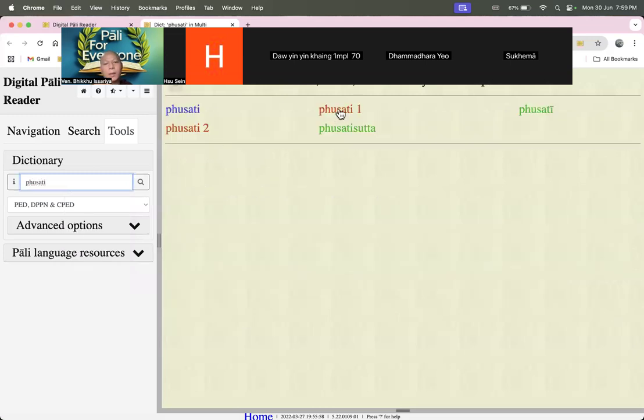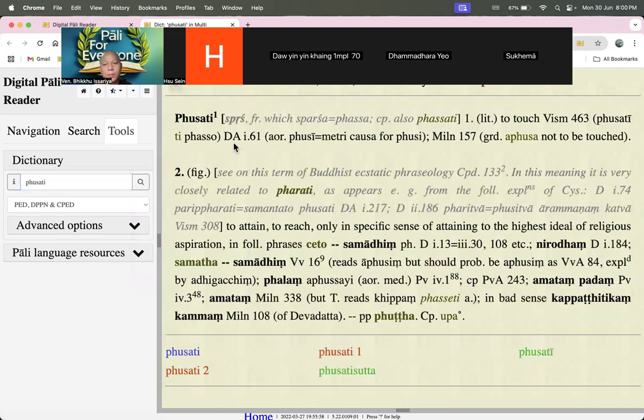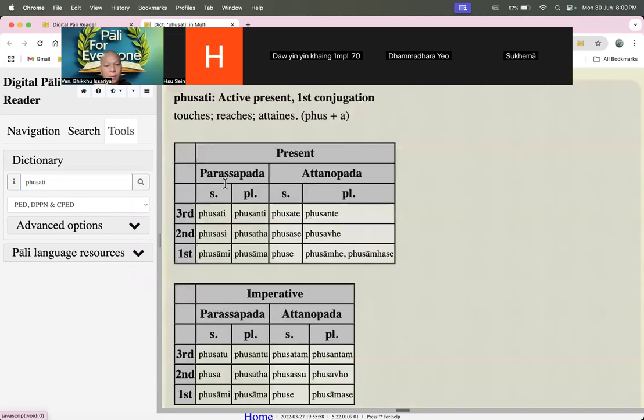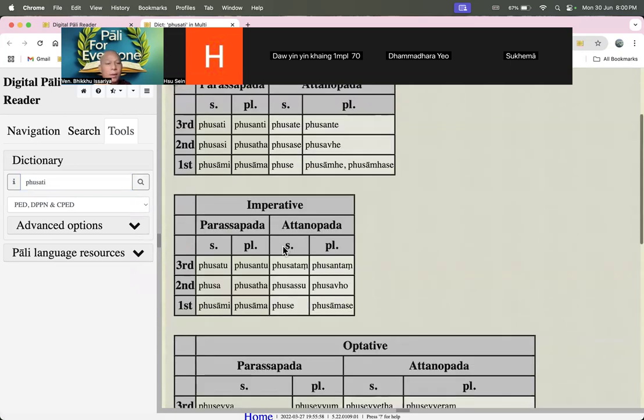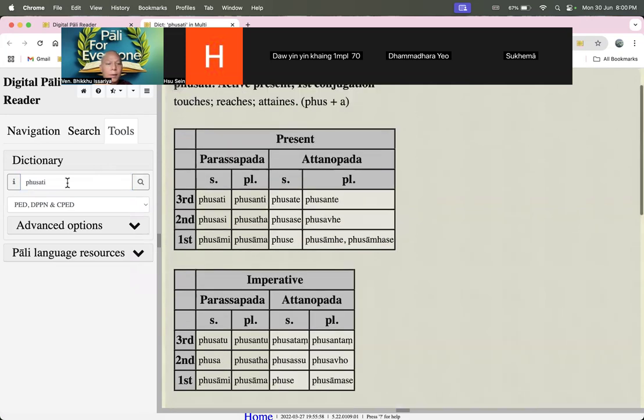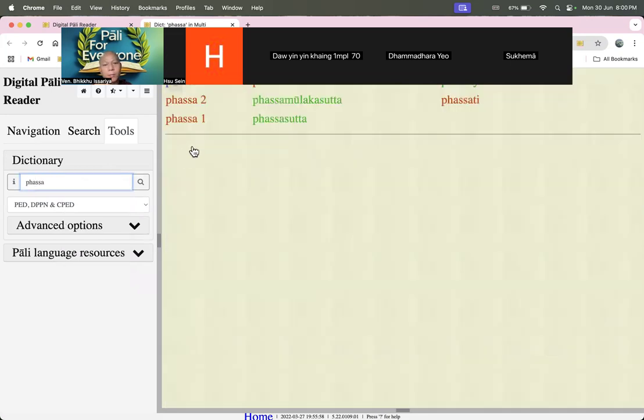So you see, only a single s: phusati, phusanti. Here completely we can see: phusati, phusanti, phusasi, phusatha, phusami, phusama. But the double s, phassa, is a noun form, like contact, not a verb form.